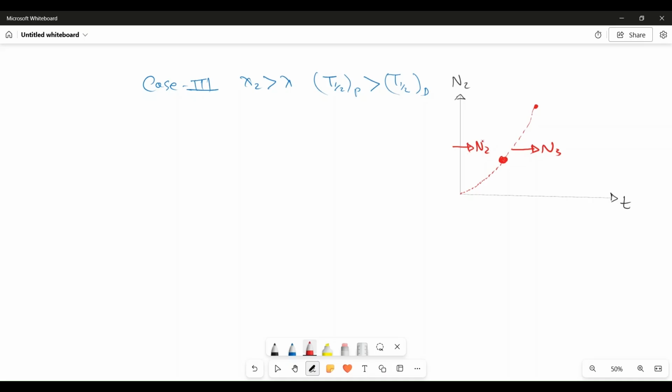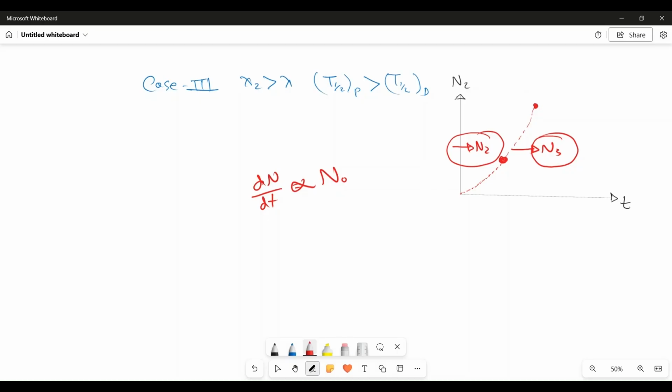So in this case, this rate is greater than this rate at the initial phase, because we know that dN by dt is proportional to the initial amount of nucleus.